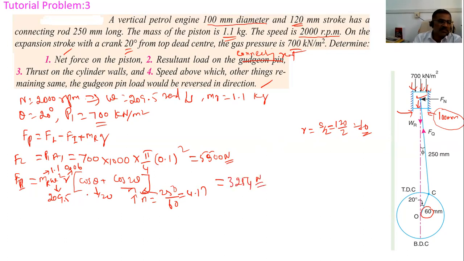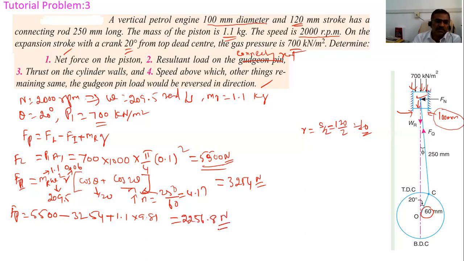Then the net force on the piston FB is equal to FL, 5500 minus 3254 plus 1.1 into 9.81. So this will be the value of FB. This is 2256.8.